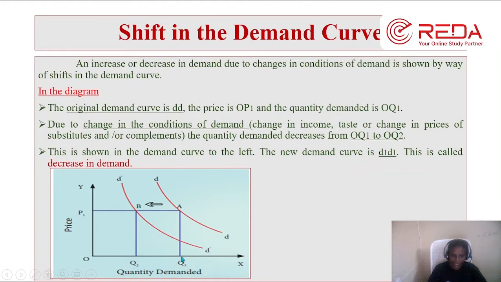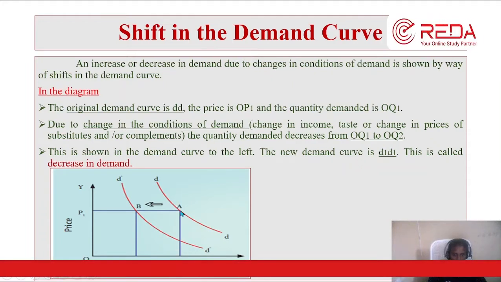When there is a change, the demand curve shifts lower. The demand curve decreases from the D level to the D dash level, or we can say the D1 curve.